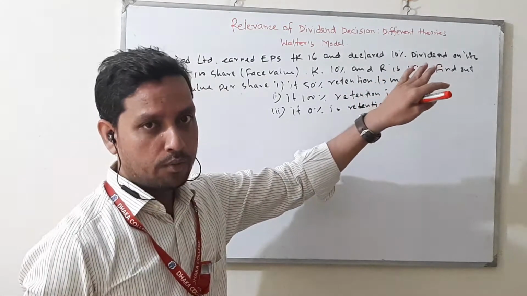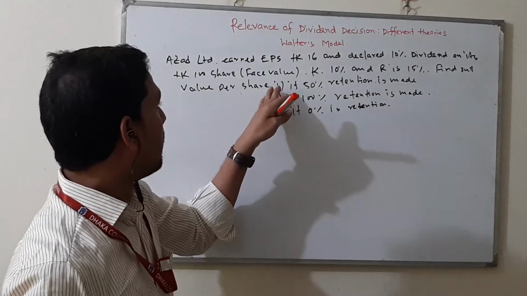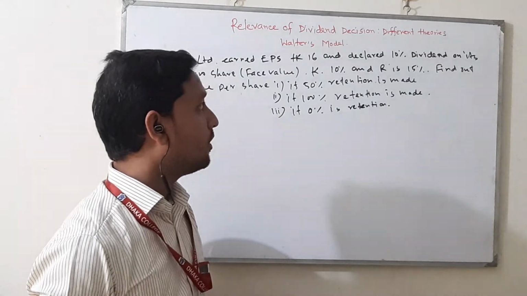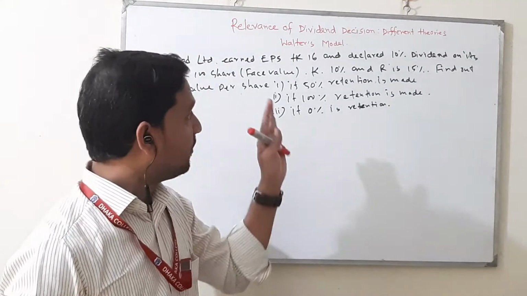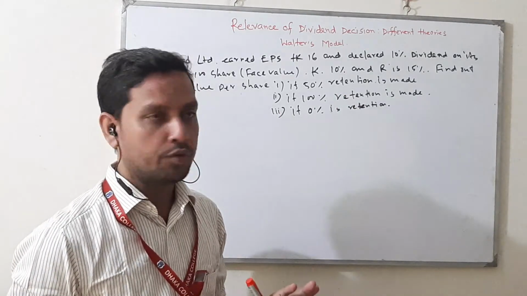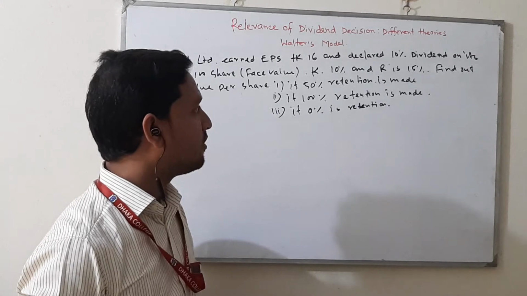So we should find out the value per share under: one, if 50% retention is made, I mean 50% payout ratio. Then two, if 100% retention is made.